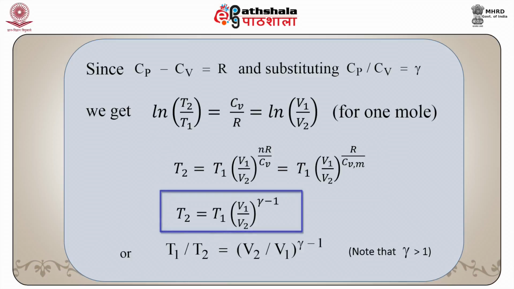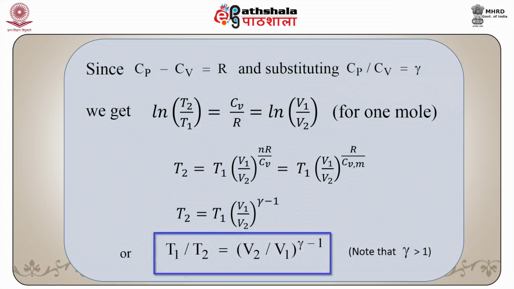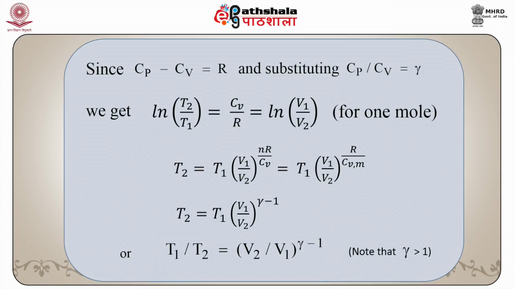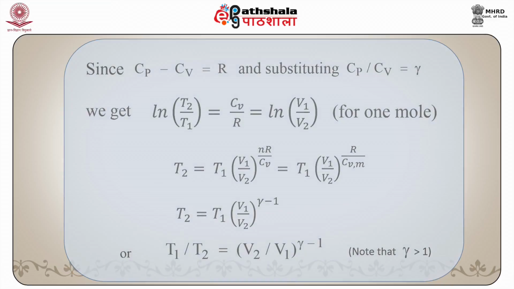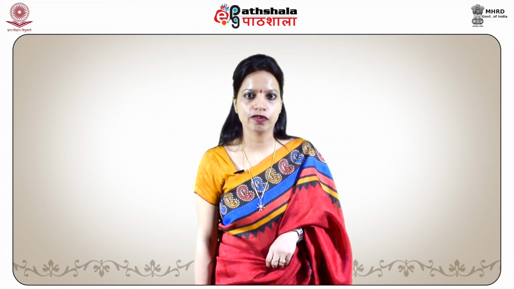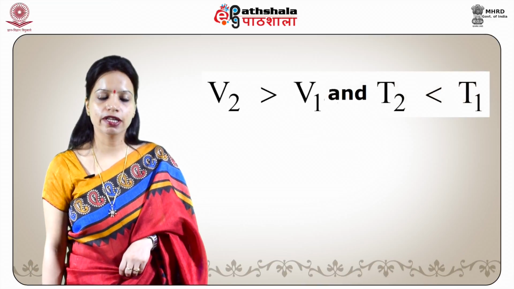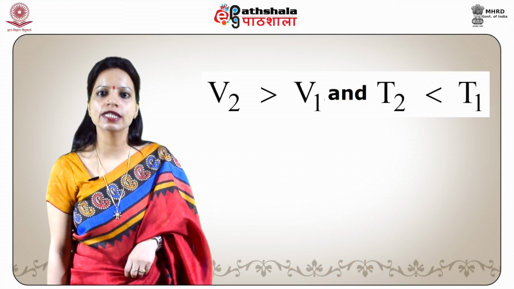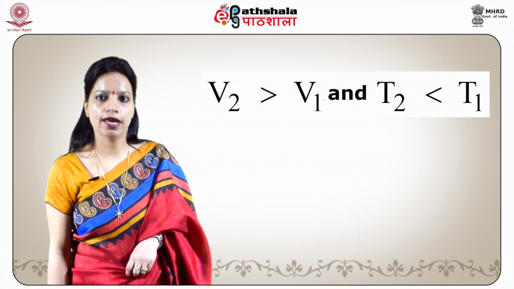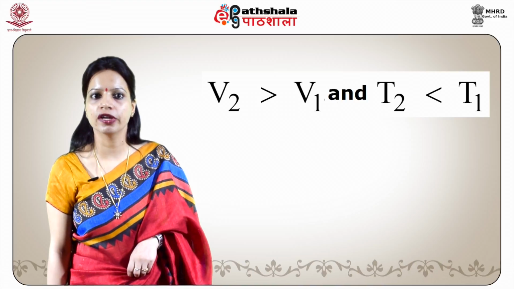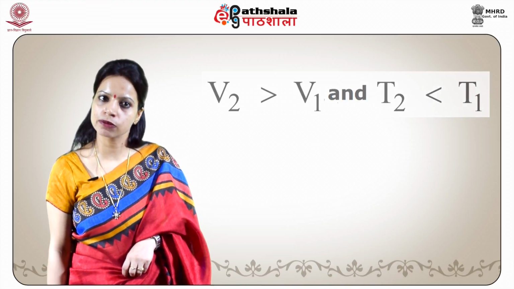Therefore, T2 is equal to T1 V1 by V2 to the power gamma minus 1, or T1 by T2 is equal to V2 by V1 to the power gamma minus 1, where gamma is always greater than 1. Since in the case of expansion, V2 is greater than V1 and T2 is less than T1, hence a gas cools during reversible adiabatic expansion.